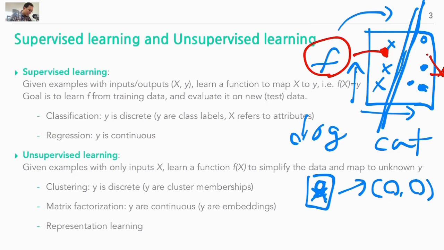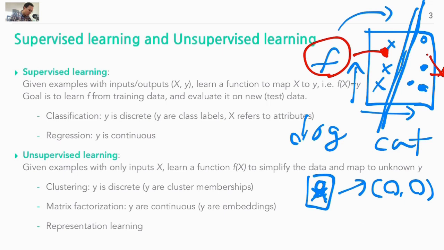For example, we can count how many black pixels, for example, and how many circles. We can count the circles in the picture, and we can count the length of the hair of the object, right?